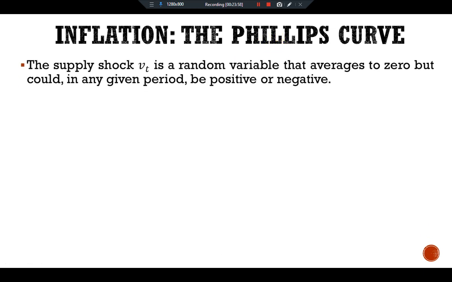Okay, the supply shock Vt is a random variable that averages to zero, but could at any given period be positive or negative.